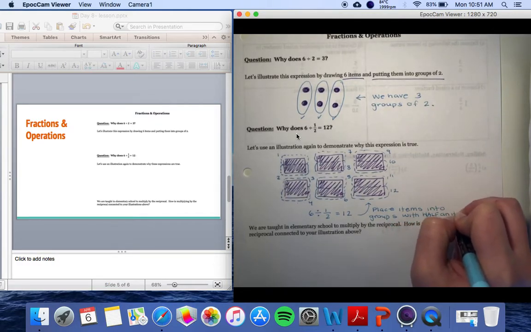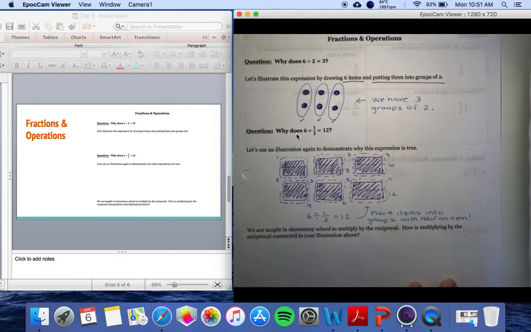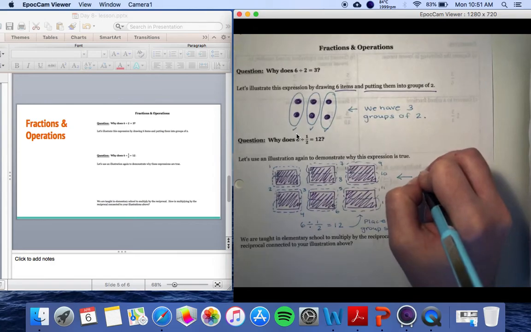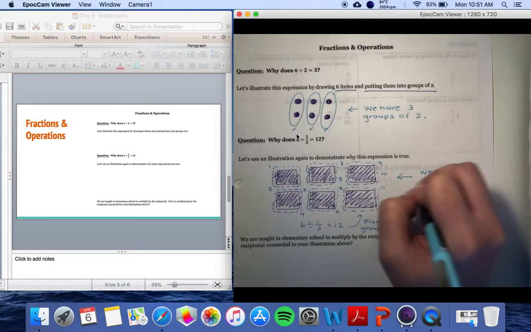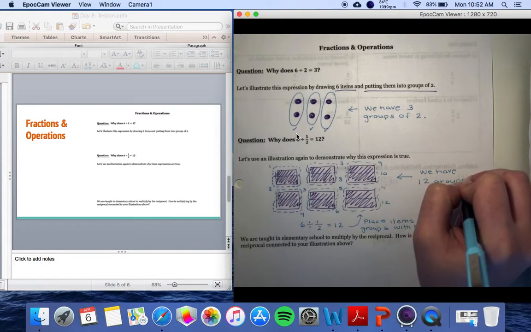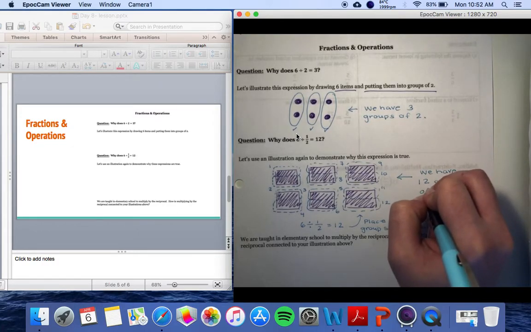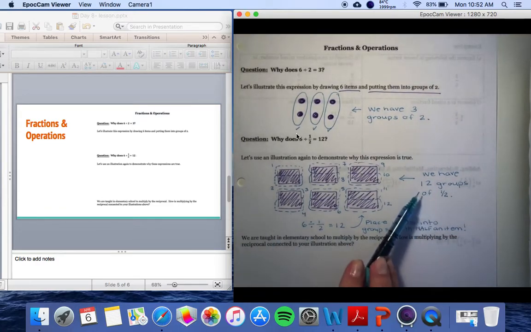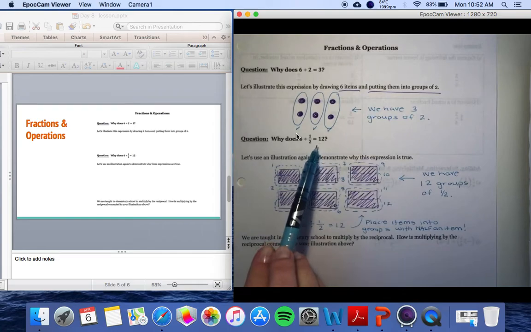So in total, what we've noticed here is that we have 12 groups of half. Okay? Which is exactly what the answer is when we divide 6 by 1 over 2.